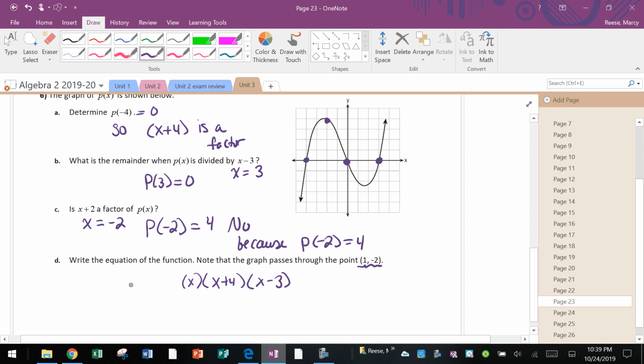All right. Now, they give me that info for a reason. They want me to find a k value. So remember I told you the other day, when they give you a point, you have to make sure that it actually goes through that point. So this becomes my negative 2, and all the x's become 1.